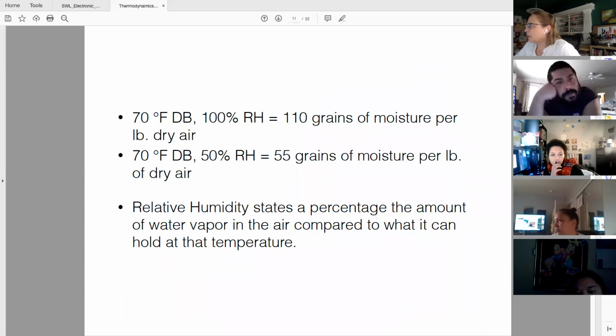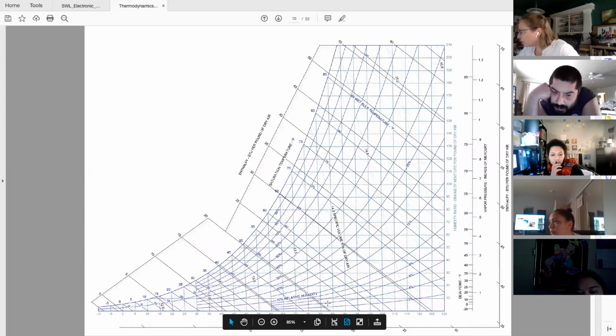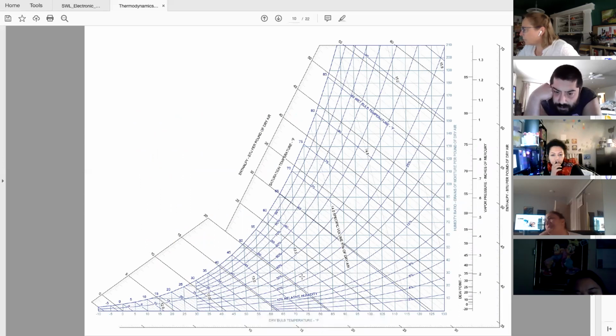Next one, 70 degrees, 50% relative humidity. Back. So we have 70 degrees, and we go up to, I'm going to draw this.